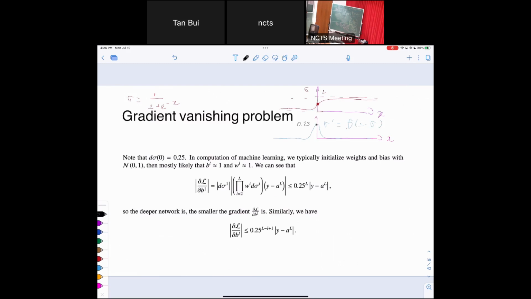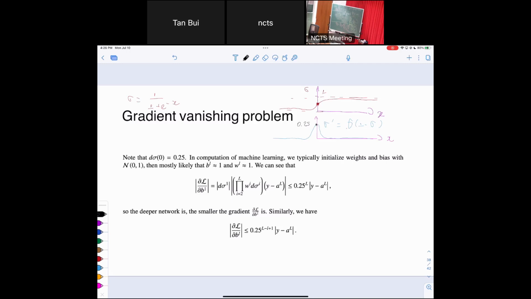You have a good gradient on the way to the output layer, but as you backpropagate, you multiply by 0.25, 0.25, 0.25, and when you go all the way to the input layer, or the first hidden layer, the gradient is very small.